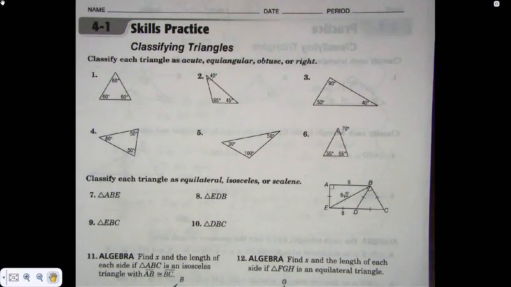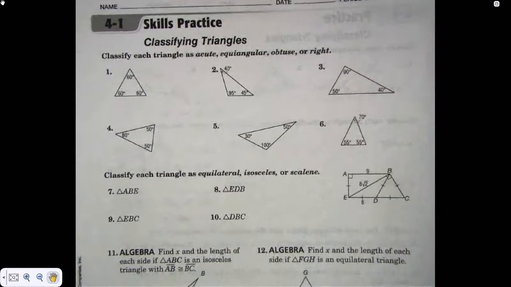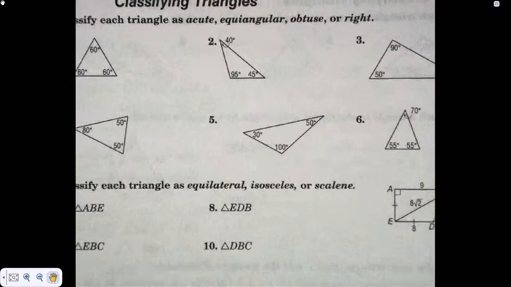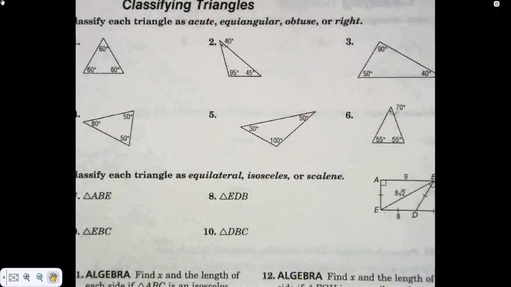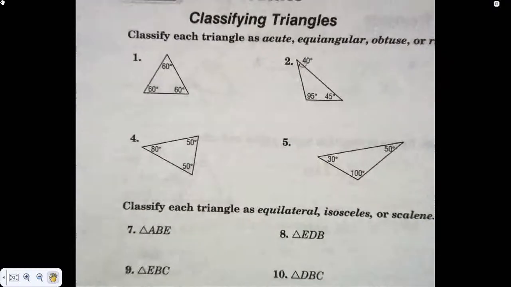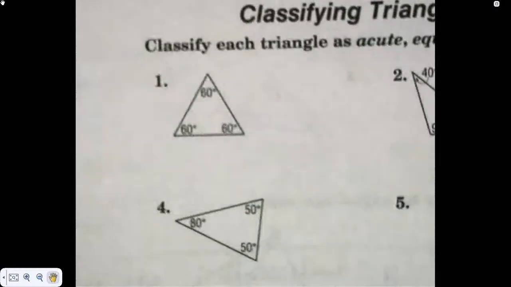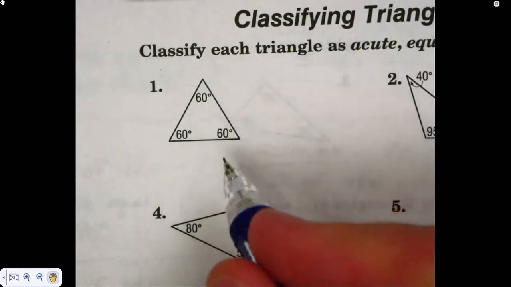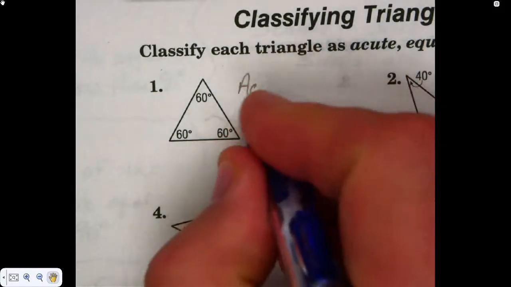Guys, this stuff is pretty easy. Would you agree? All we got to do, let's look at number 1. Are all the angles less than 90 degrees? So we know this is acute.